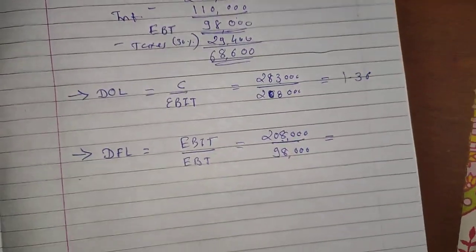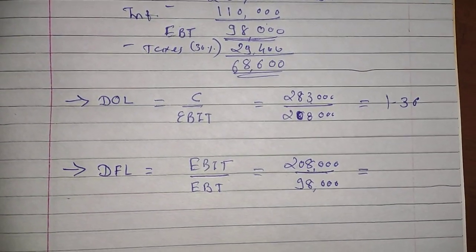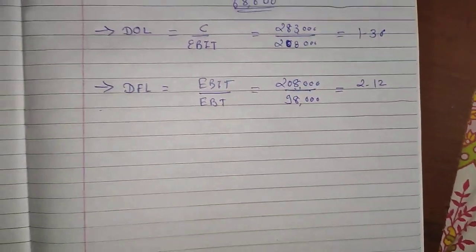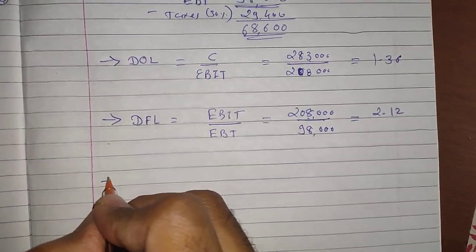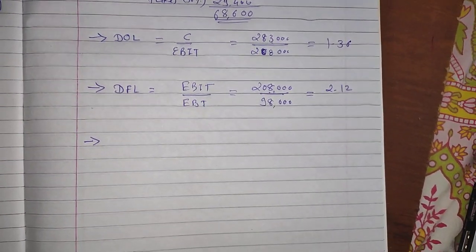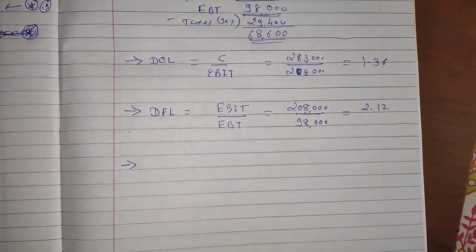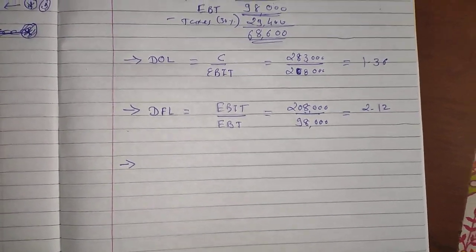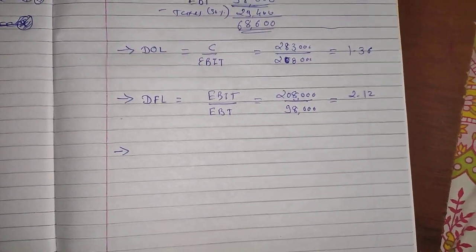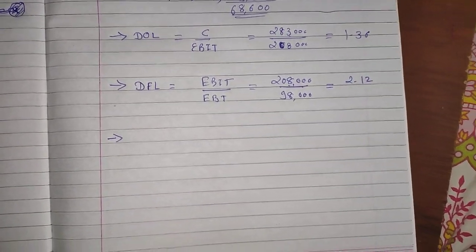So 208,000 divided by 98,000 is equal to 2.12. Now if you check your answer, the answer is given just 1.36. The reason behind this is they have asked only for degree of operating leverage, but we have additionally calculated degree of financial leverage also. Actually they have not asked for financial leverage, but we have calculated it just for your knowledge.